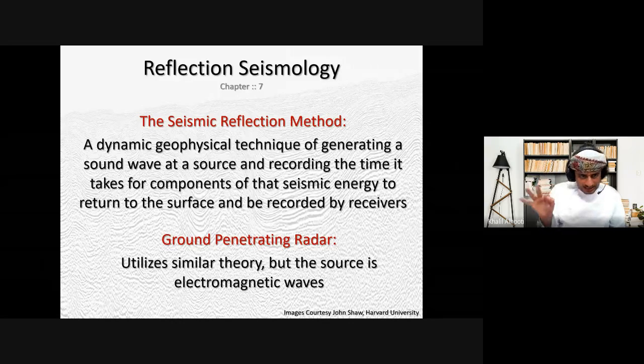By the way, the frequency content of seismic reflection is not higher than 110 hertz, not kilo, only hertz. Whereas the frequencies of ground penetrating radar's electromagnetic waves are in megahertz.